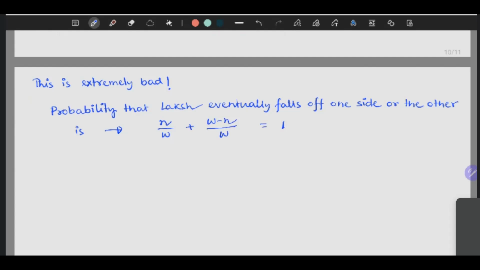So this is very grim because there is no hope that he will survive.